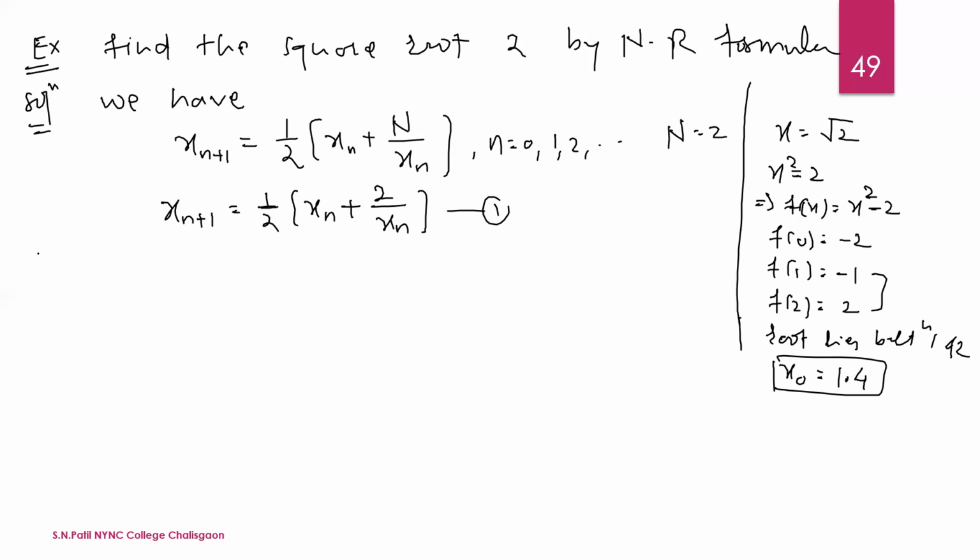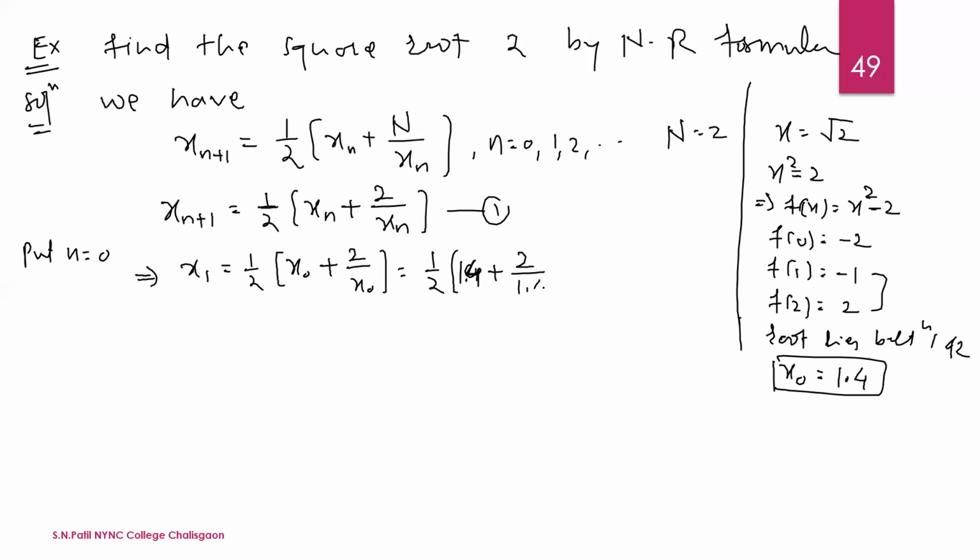Now put n is equal to 0 here. We get the first iteration x1 is equal to 1 by 2 x suffix naught plus 2 upon x suffix naught is equal to 1 by 2 into 1.4 plus 2 upon 1.4, since x naught is 1.4. Okay, let me calculate the value.